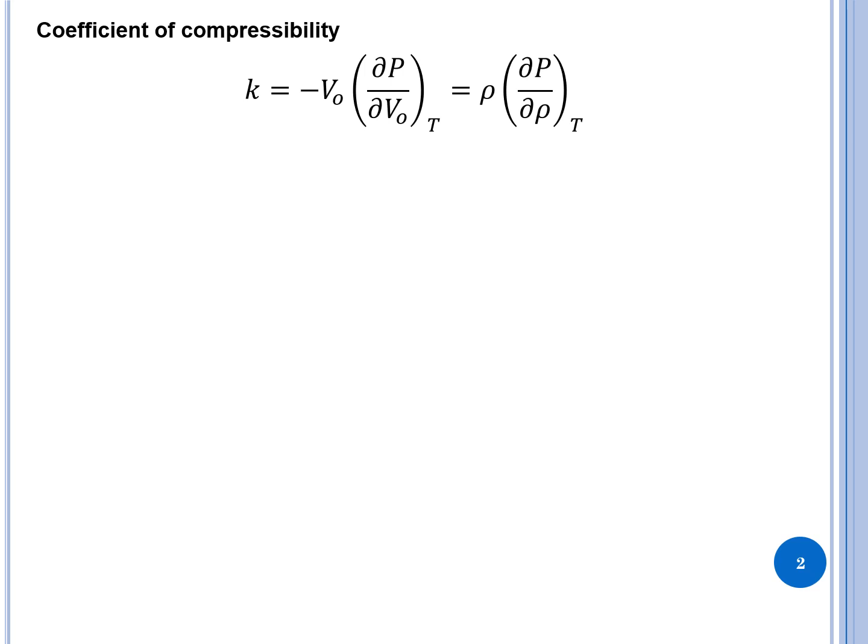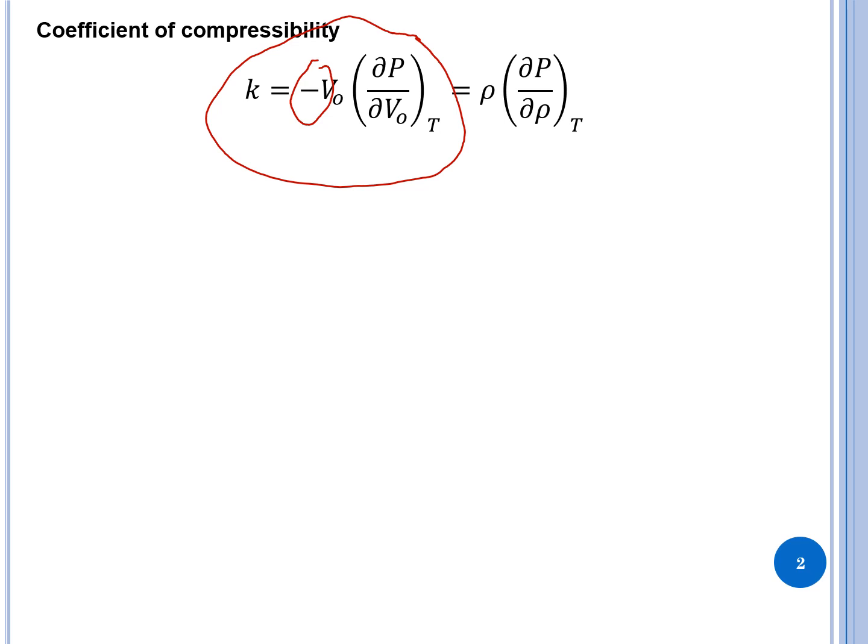This pressure and volume is related through this expression, where K is negative V naught dP over dV at constant temperature. Now if you notice there is a negative sign here. This negative sign is brought in here to ensure that K has a positive value.